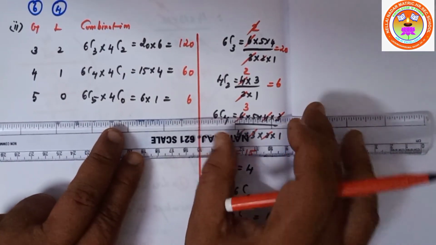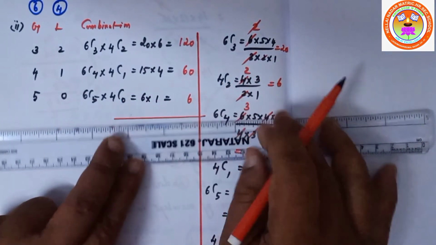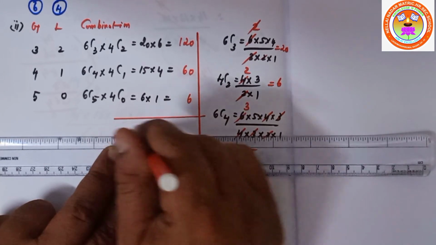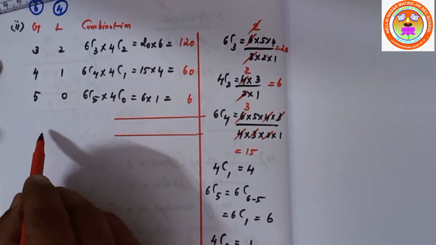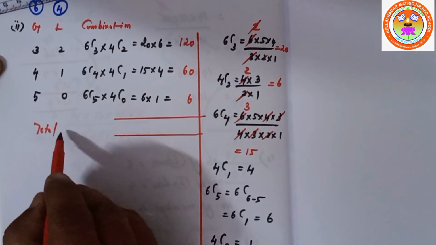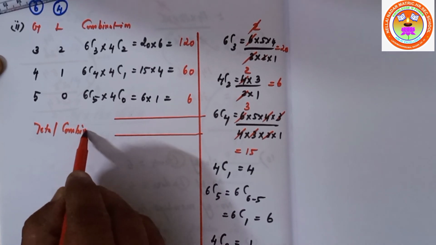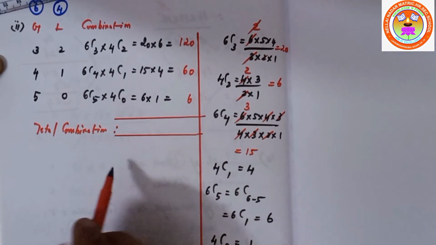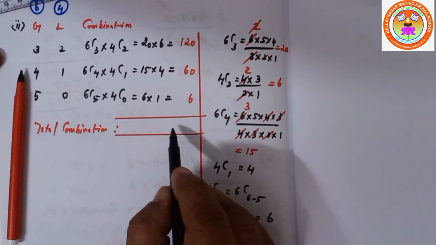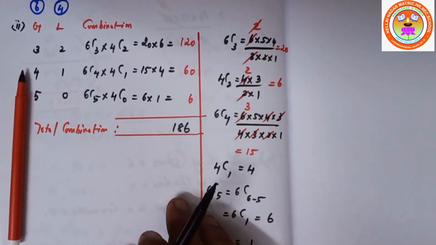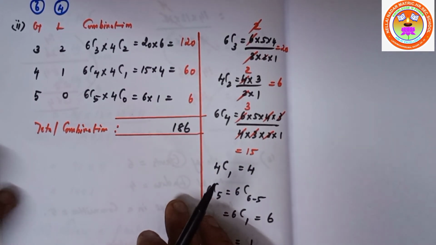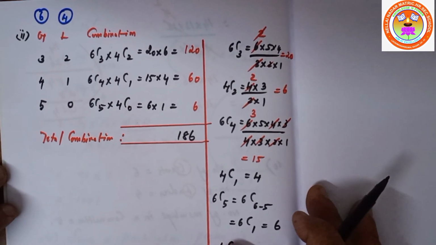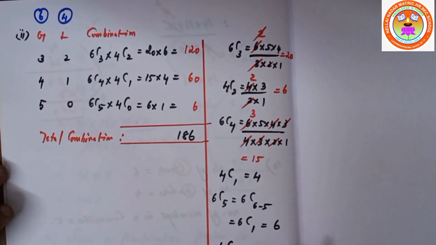The total combination is 186. Subdivision 1 and subdivision 2, same answer, 186 ways.